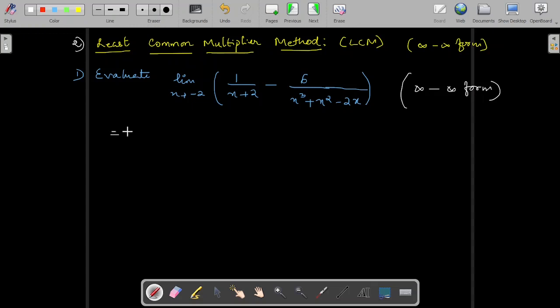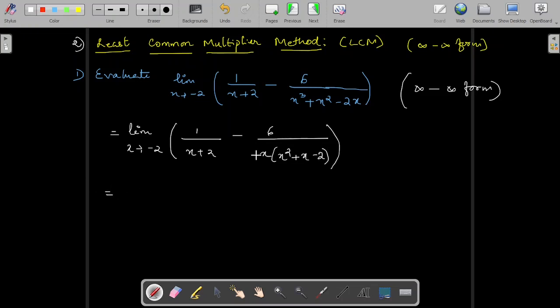Therefore, now you have to take the LCM, as the name says, least common multiplier method. The limit as x extends to minus 2 of 1 by x plus 2 minus 6 by, take x common, x square plus x minus 2. Before taking the LCM, let us factorize this denominator.